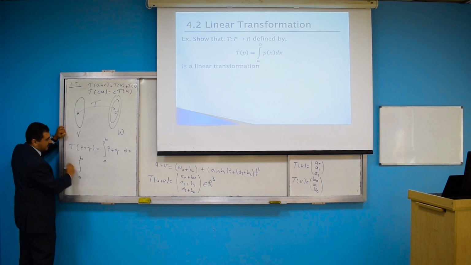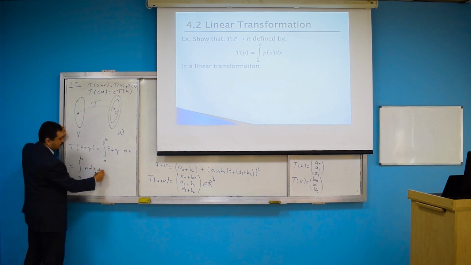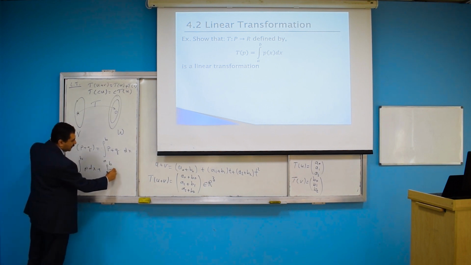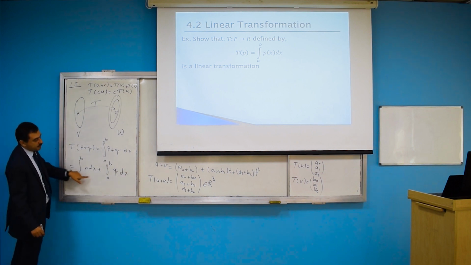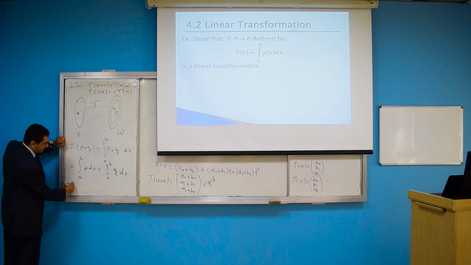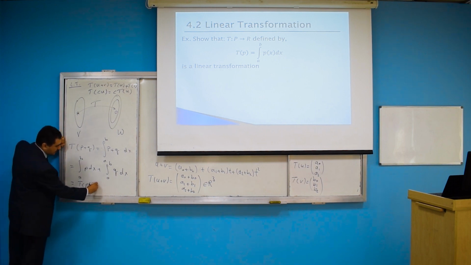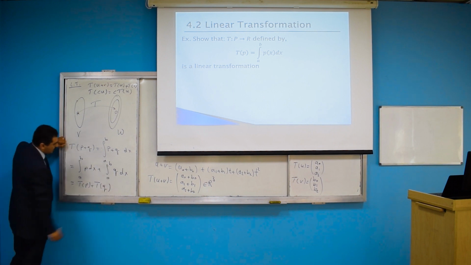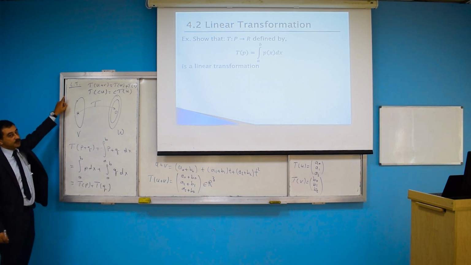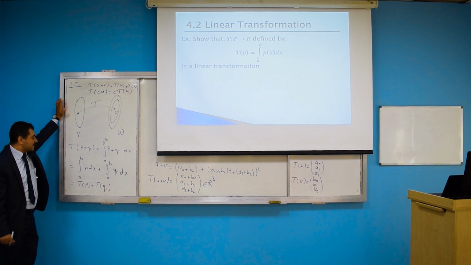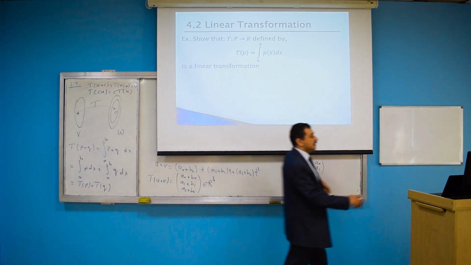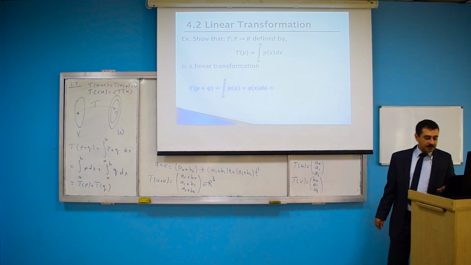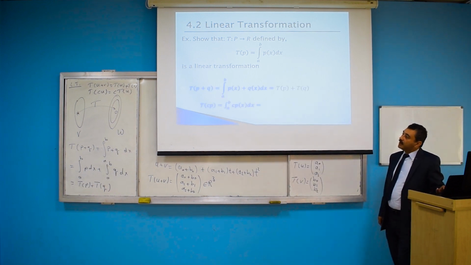So you get integral P plus integral Q, which is actually transformation of P plus transformation of Q. So actually this is the first condition for linearity. And similarly, you can check the scaling property. You will get again transformation of Cp equals C transformation of P.